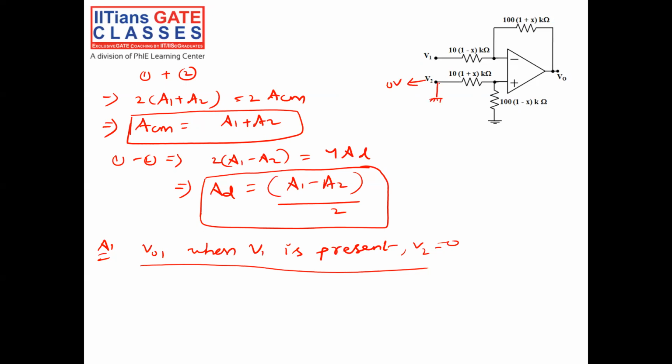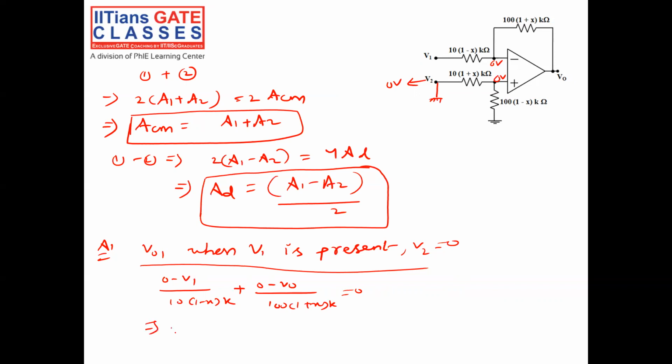So this is 0, and here I got 0 volt. Because of the virtual ground principle, here also I got 0 volt. What is the output? The nodal equation is 0 minus V1 by 10 into (1 minus x) k, plus 0 minus V0 by 100 into (1 plus x) k, equal to 0.